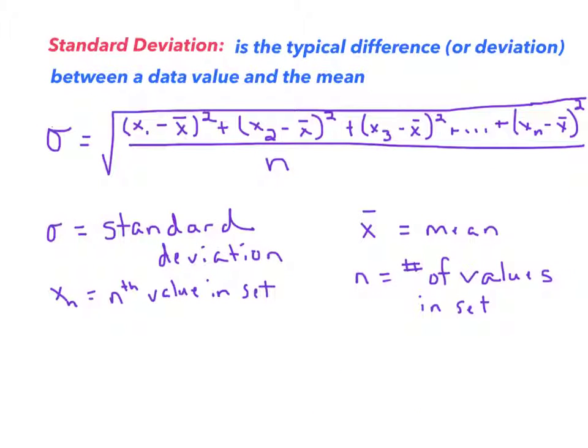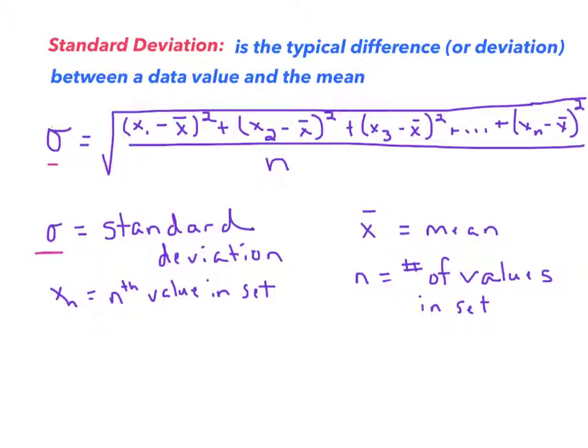Now I would like to show you the formula that illustrates these steps that we just did to find standard deviation. Remember, I already showed you that this symbol here, sigma, is a Greek symbol that represents standard deviation. So that's why we have sigma equals, or standard deviation equals.